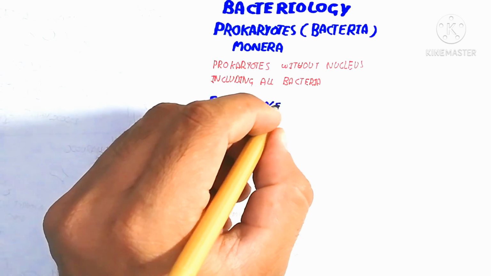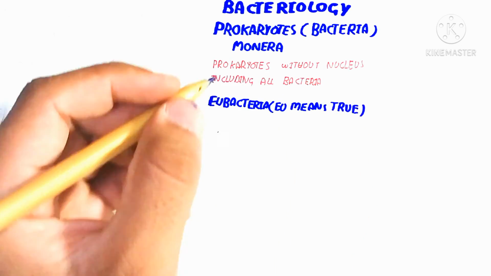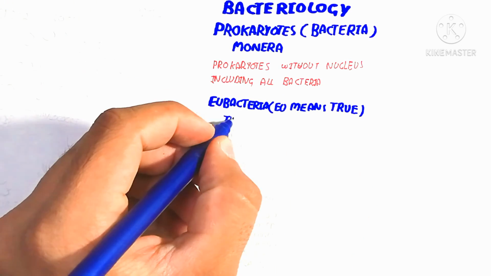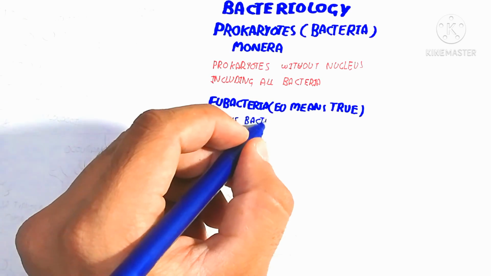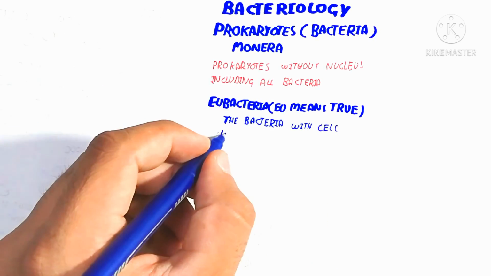First of all, there are eubacteria and archaeobacteria. Eubacteria means true bacteria, which have a cell wall. Those with a murein cell wall are called eubacteria.